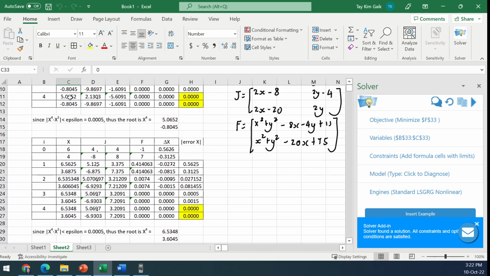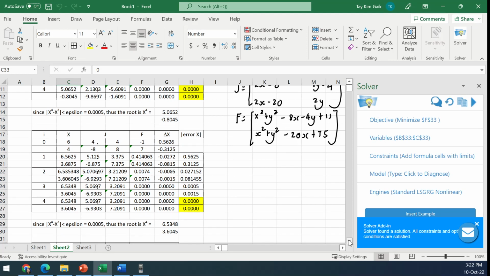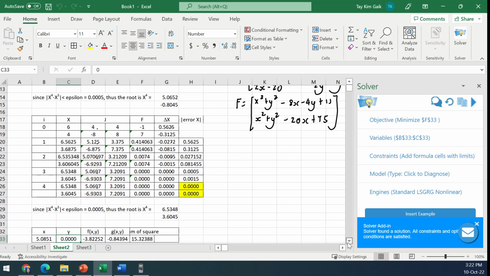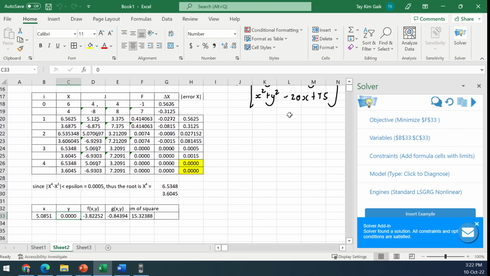So this one I cannot figure out why, because last time when I used the old layout, I should be able to obtain the same solution. But now using this new layout, I can only obtain this root. The bottom root cannot. So you can check it out using your Excel. Okay, with this, thank you.